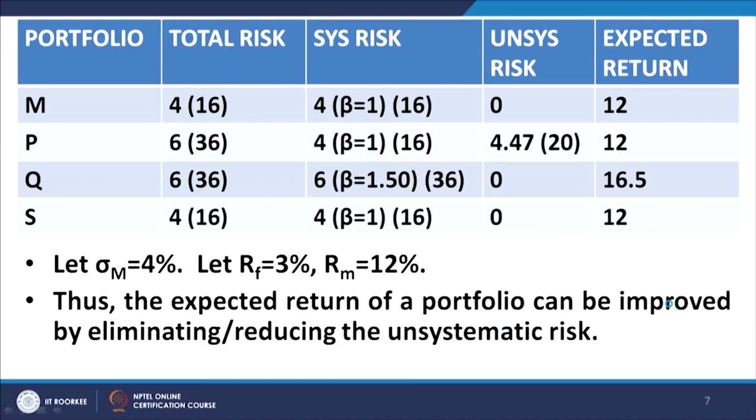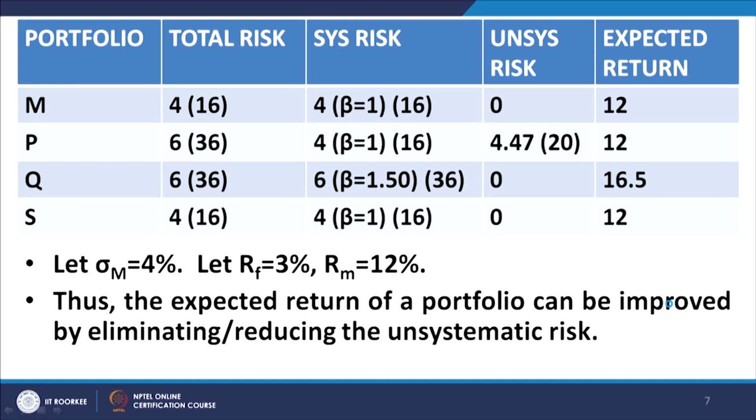And then we moved over to this example. If you recall, we had the market portfolio which had a total risk of 4% or 16% square, depending on your measure, and the systematic risk was also 16% square. Why? Because the market portfolio is an efficient portfolio invariably under the CAPM model, and therefore, it would have no unsystematic risk, as you can see on the slide as well.